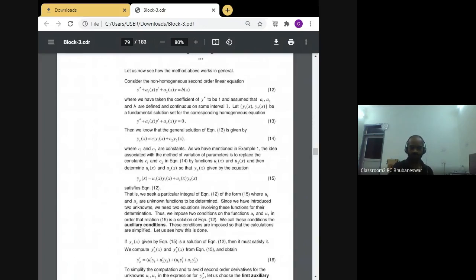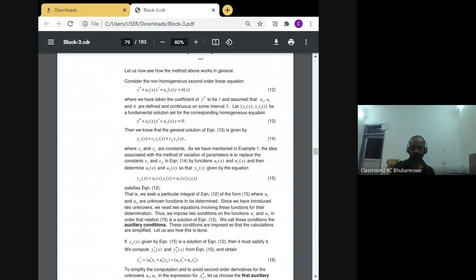It is a differential equation of order 2. The first term is y double dash, the second term is a1(x) into y dash, and the third is a2(x) into y, equal to b(x). Here, as b(x) is not equal to 0, clearly this is a non-homogeneous second order linear differential equation.